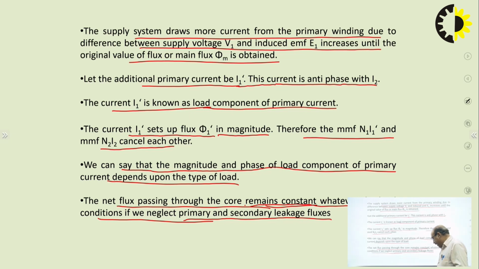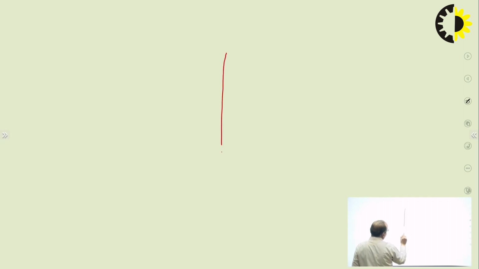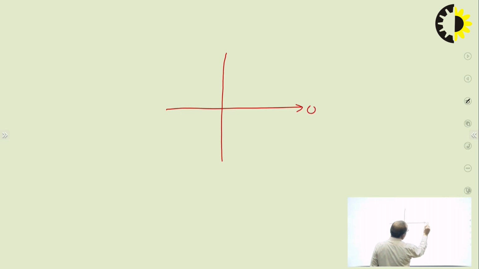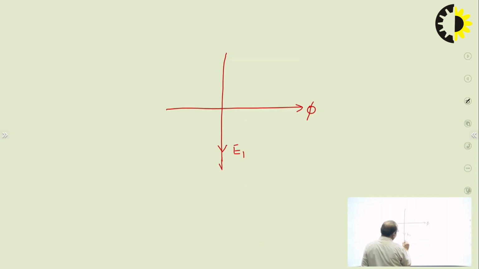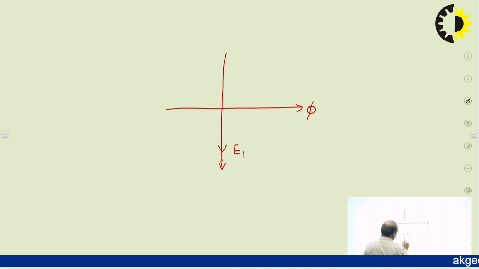So if we take it in a phasor diagram, we can go for a phasor diagram of it. First we take both the axes, horizontal and vertical. On the horizontal axis we take flux, which is the main flux of the core. Induced EMFs on the two sides, E1 and E2, lag the flux by an angle of 90 degrees, which we have already discussed. So this is E1 and E2, lagging by 90 degrees from flux.